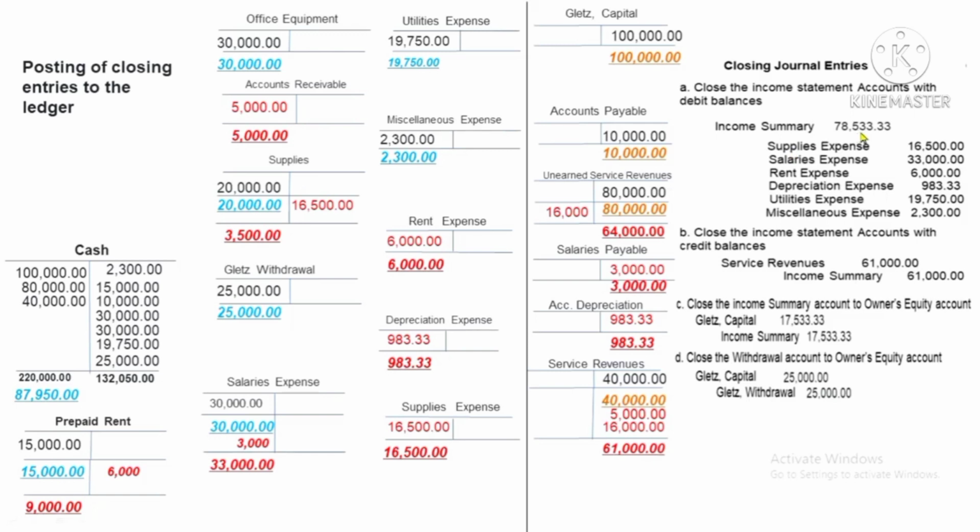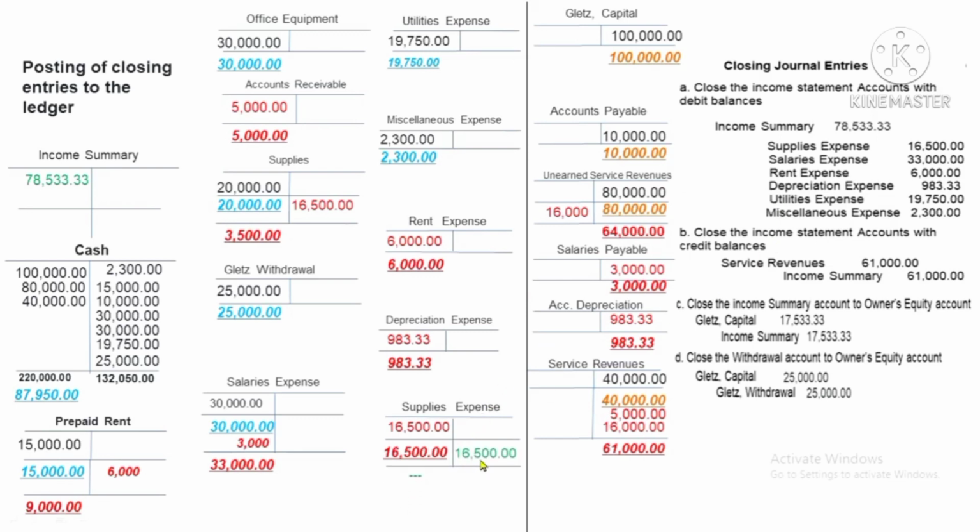Debit 78,533.33. And since there is no T account for the income summary account title, then we need to make one. And there you go, we have the debit 78,533.33. Now we need to close the accounts like supplies expense.